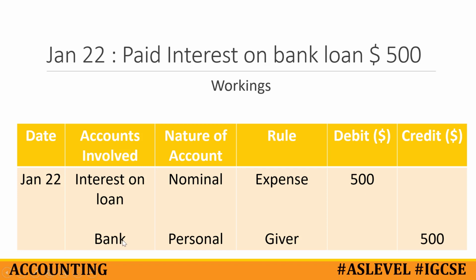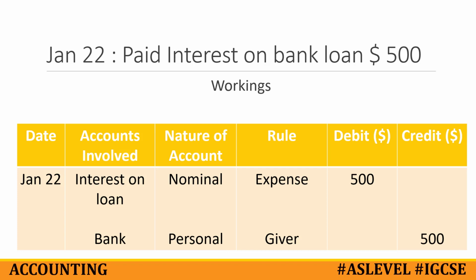The second account is bank account. Now bank, this is an organization. Therefore, the rule of personal account is going to be applied. All the rules have been explained in lesson number 1. I would recommend you to watch that video. So the rule for personal account is debit the receiver and credit the giver.